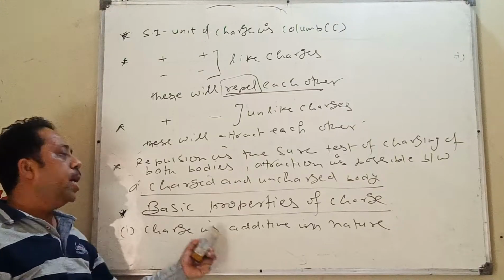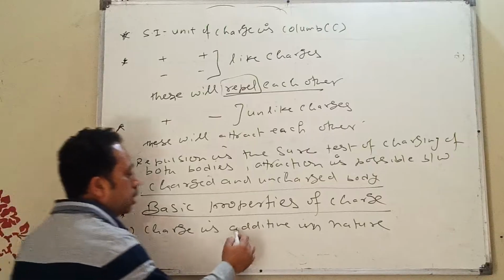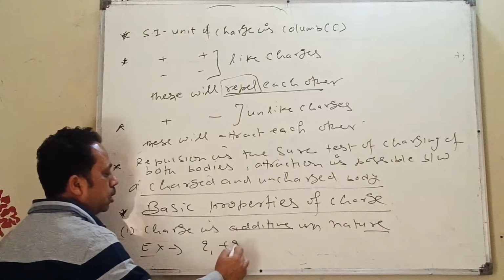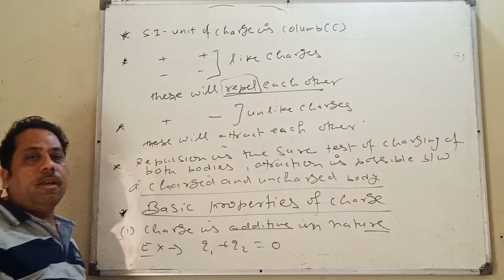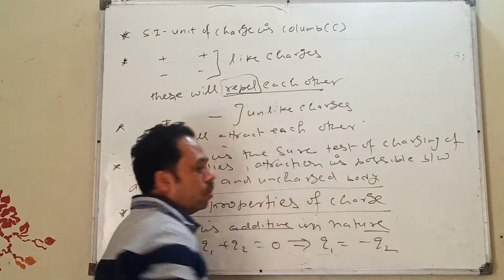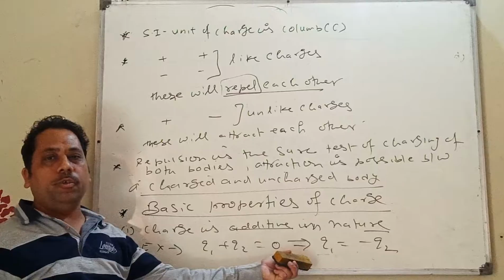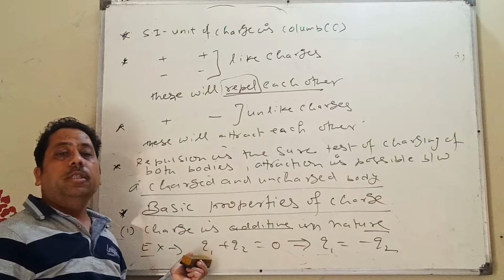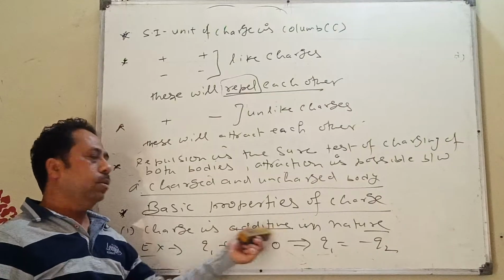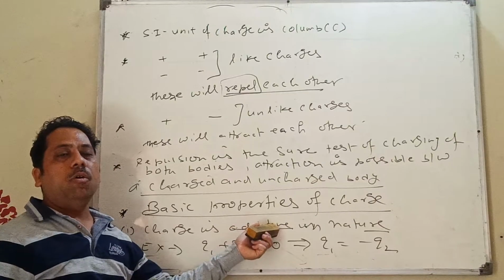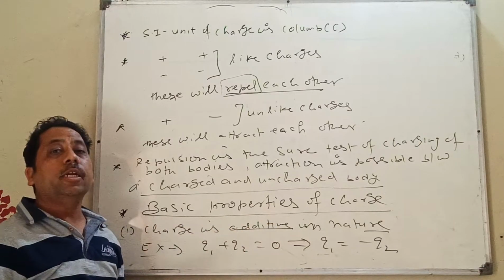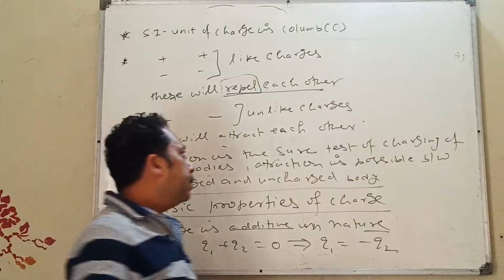That's why it can be added like numbers. For example, if we say Q1 plus Q2 is 0, what does it signify? It signifies that Q1 is minus Q2. Both charges are equal and opposite, only then they will add to give 0. So this indicates the additive nature of charges, as charge is a scalar quantity.